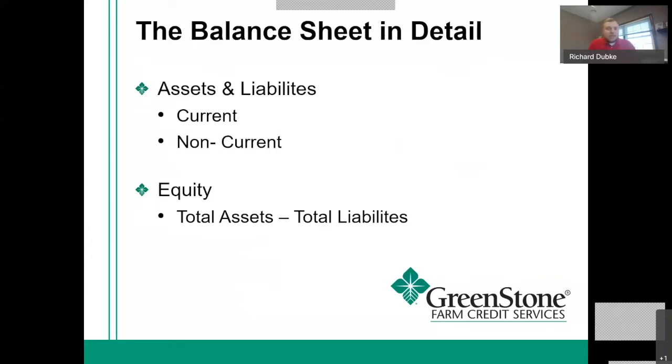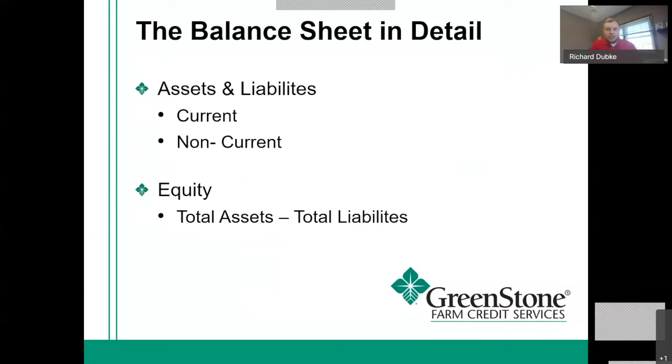The balance sheet in a little bit more detail here. A balance sheet is made up of two main parts, first being assets, second being liabilities. Typically assets are listed along the left-hand side of the balance sheet statement, and liabilities along the right-hand side. You can further break down both of those categories into current and non-current, both assets and liabilities.